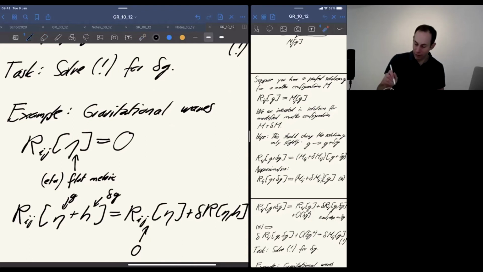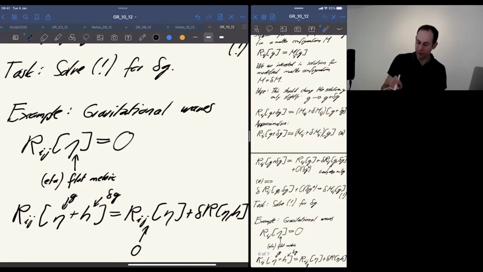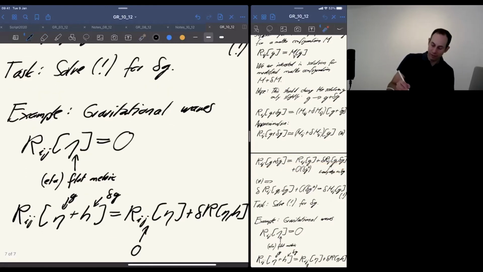So what I wrote down now is exactly the expression I already had before, in general, namely the one here that is underlined. So that's exactly the same thing. G is now eta and delta G is now H. And what we want in this case, because m is zero, we want this to be equal to delta m, and this is anyway zero.